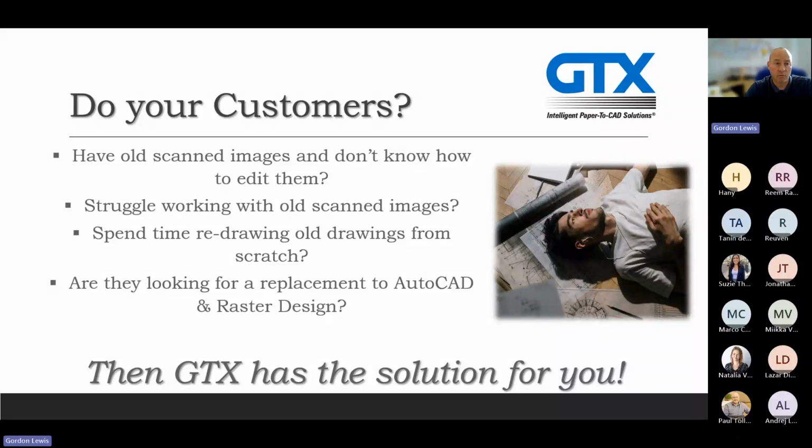So if they've got old paper drawings, plans, schematics, things like that they've had scanned, and they have a requirement to actually edit that scanned image, make some changes to it, or convert it to DWG.